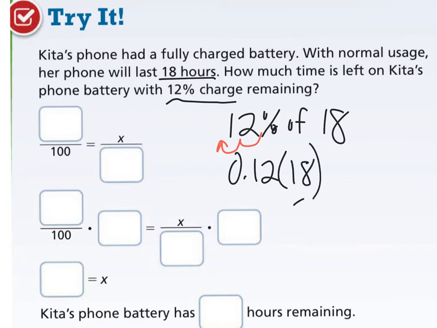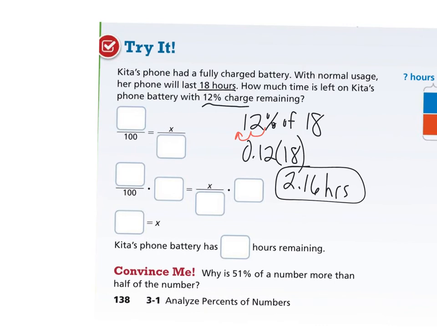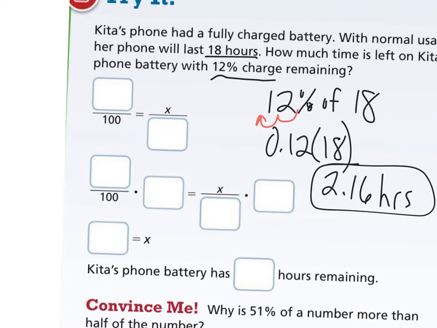So if you multiply, that would be 2.16, so 2 and 16/100 hours with our 12% charge. Again, the other option you have, like the book's doing, is you can do a proportion here. 12%, that's 12 out of 100, and we're trying to figure out that's how much out of 18.